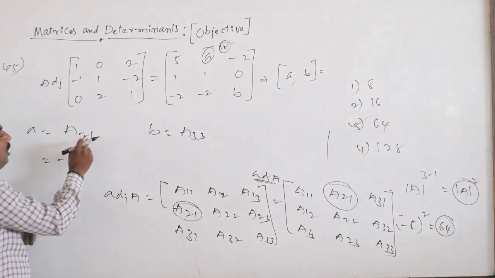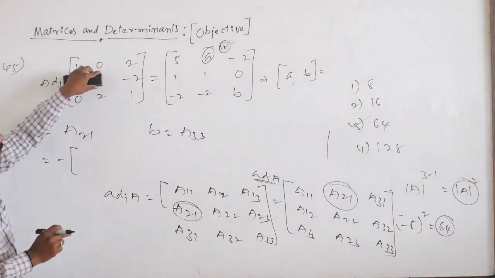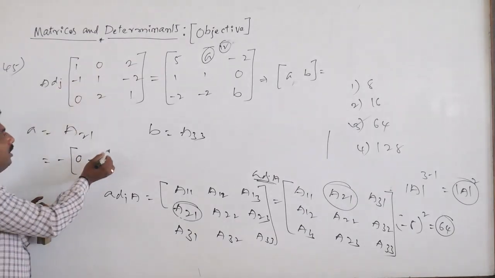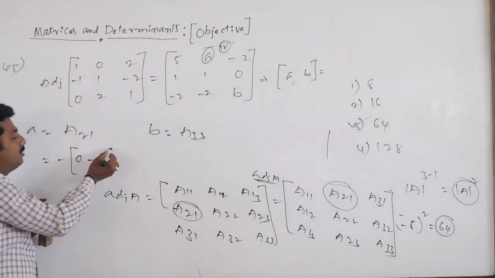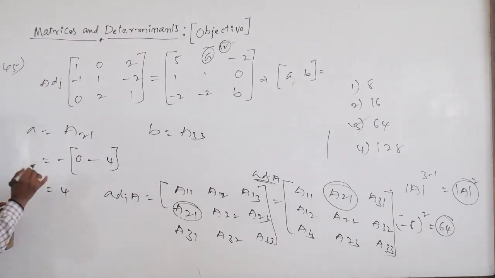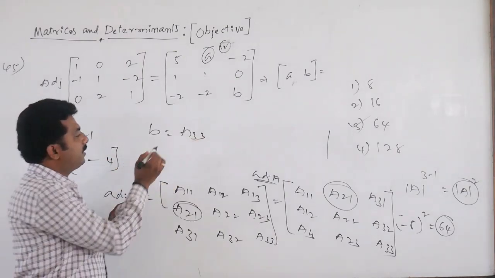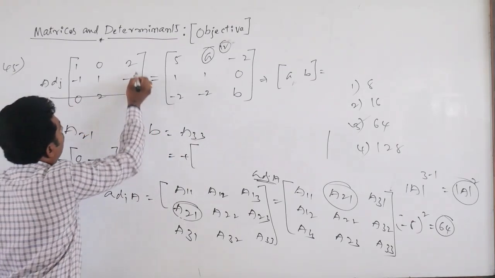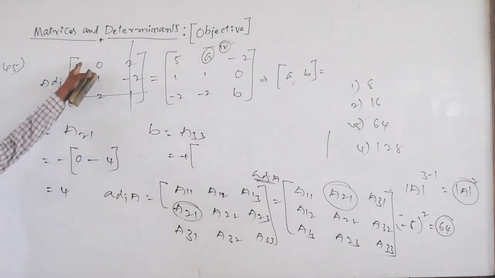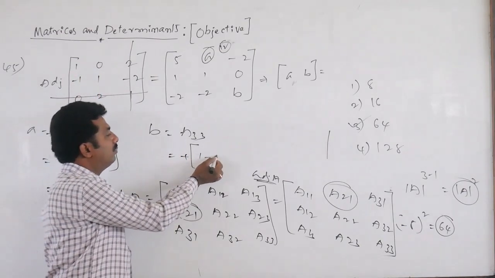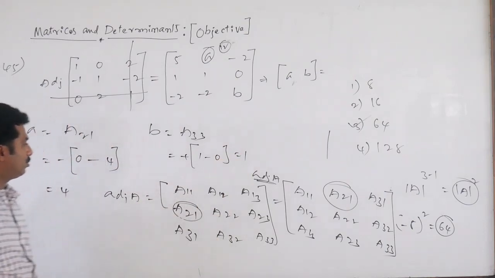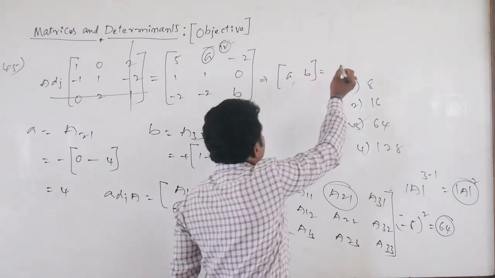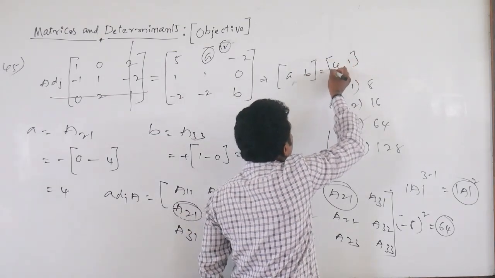Delete the second row and first column: 0 minus 2 into 2 means 4. So the A value is 4. For 3 plus 3, 6, an even number, delete the third row and third column: 1 minus 0, so it will be 1. Very clear, A value 4, B value 1. So it will be 4 comma 1.